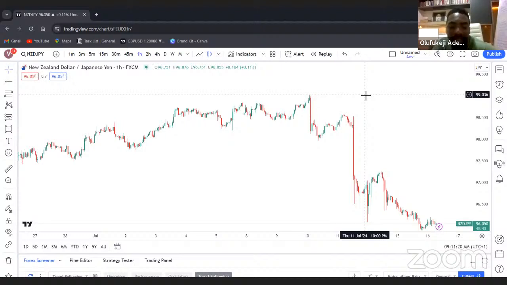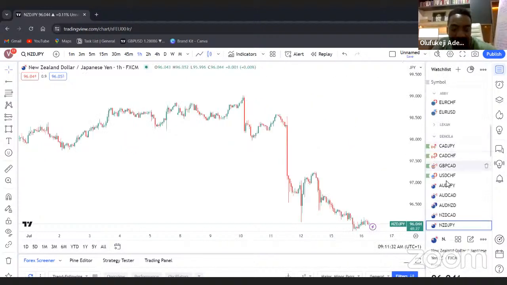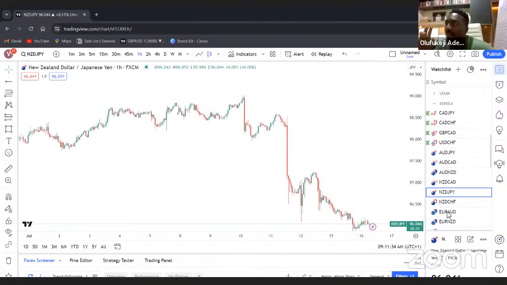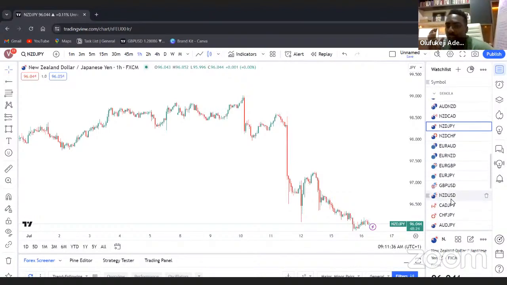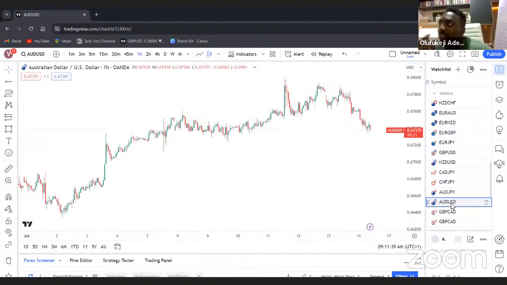So we're seeing something like this again happening today, but this time around it's on the AUD USD and NZD USD. Let's look at those ones. So let's look at AUD USD. This concept of correlated pairs always trying to catch up, always trying to catch up.